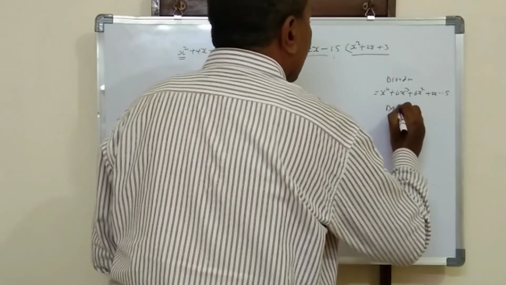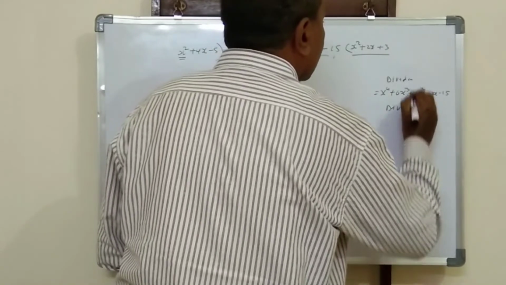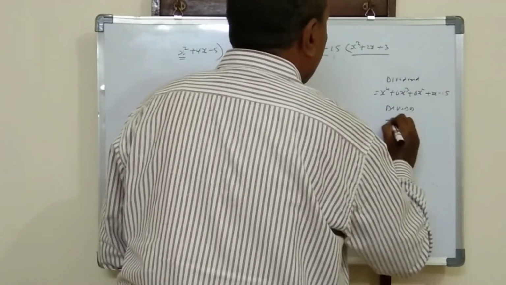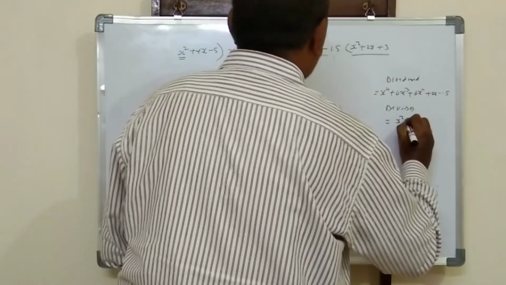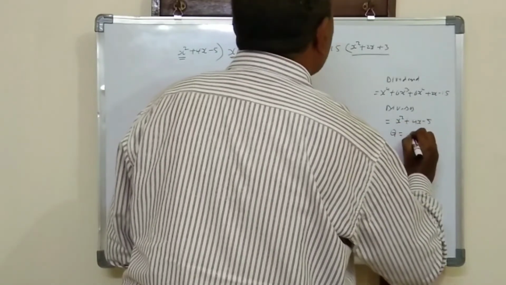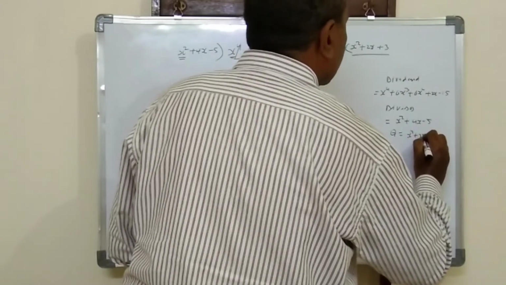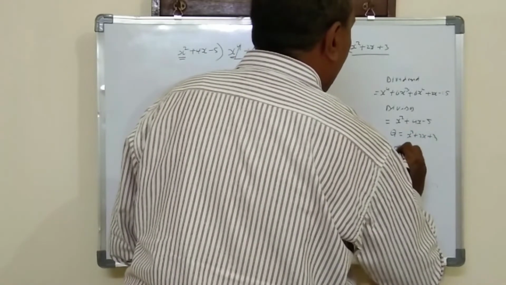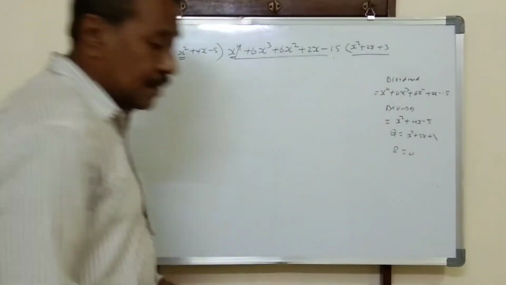Divisor is x square plus 4x minus 5. Quotient is x square plus 2x plus 3. Remainder is 0 already.